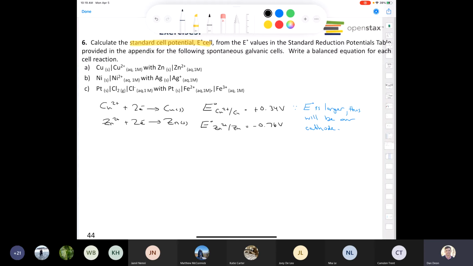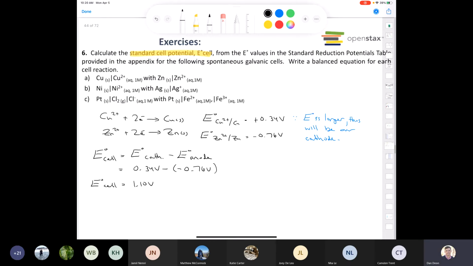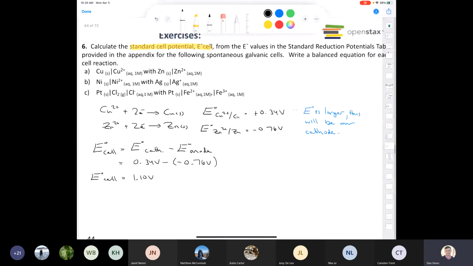And now we're going to use our formula that the standard cell potential is equal to the standard reduction potential of the cathode, subtract the standard reduction potential of the anode. So I get 0.34 volts, subtract negative 0.76 volts, and I get that the standard cell potential is equal to 1.10 volts, like that. Then it says, write a balanced equation for each cell reaction.